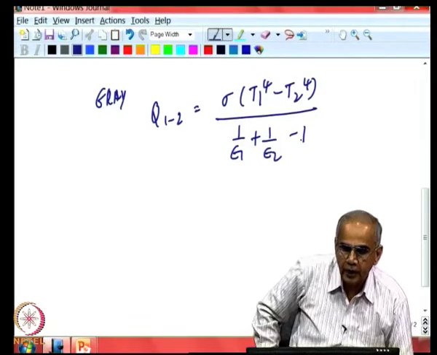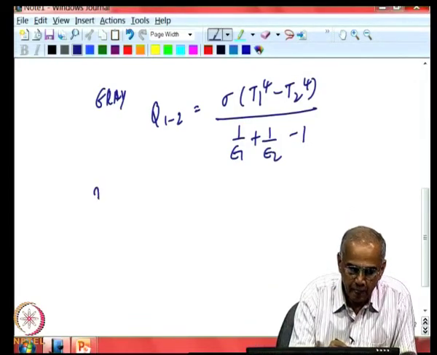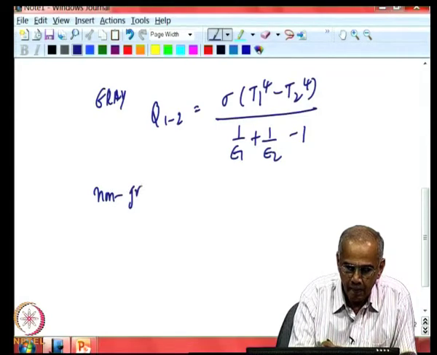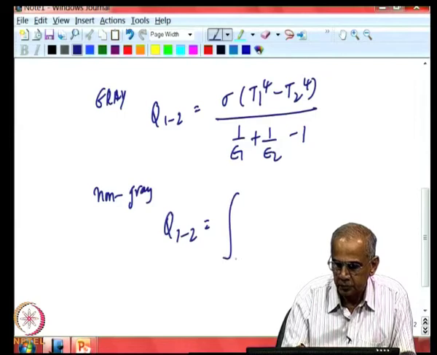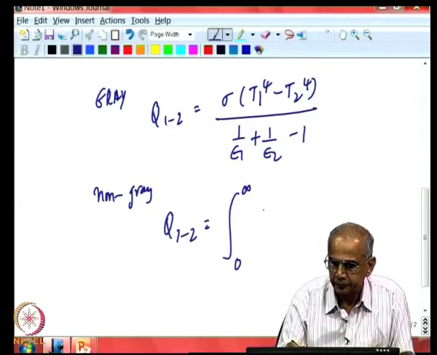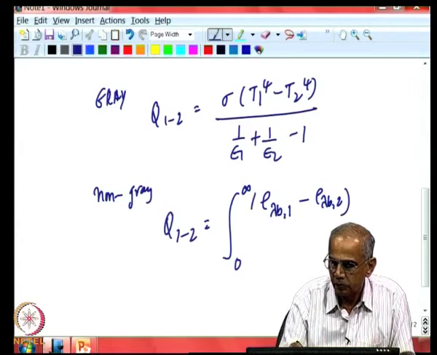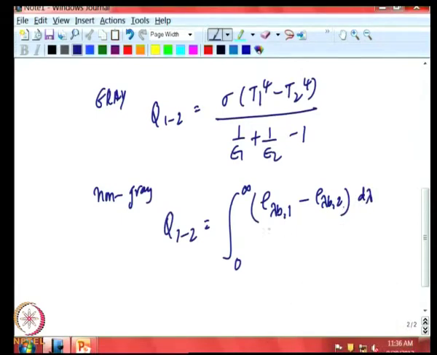So, this expression you write, but if it is non-gray, then Q12 becomes the integral from 0 to infinity of E lambda b1 minus E lambda b2 divided by 1 by epsilon lambda 1 plus 1 by epsilon lambda 2 minus 1.